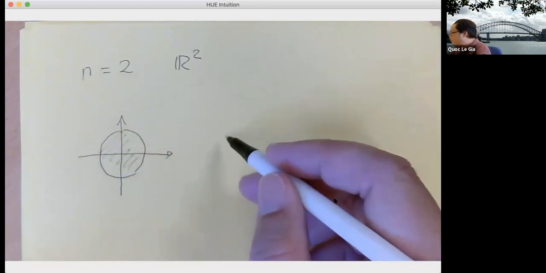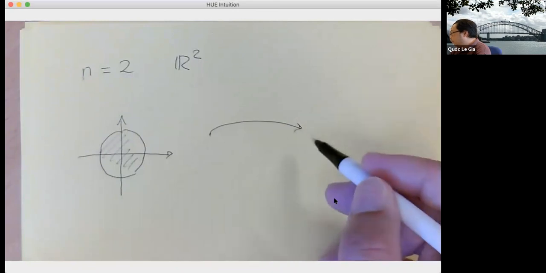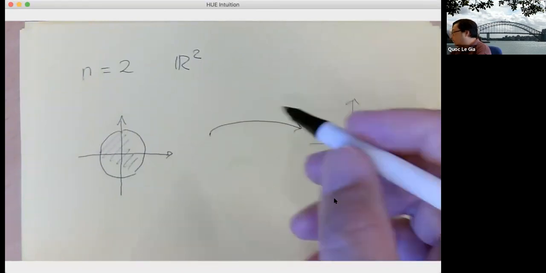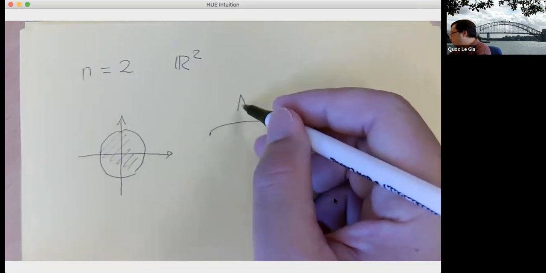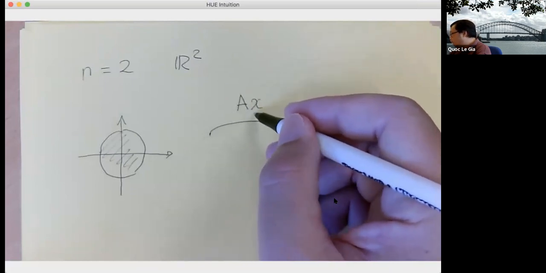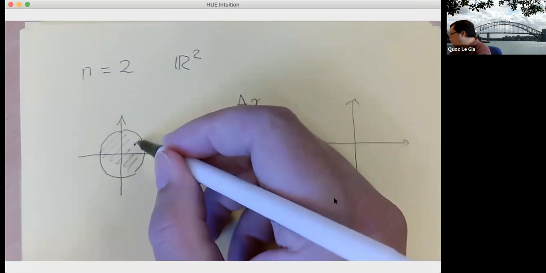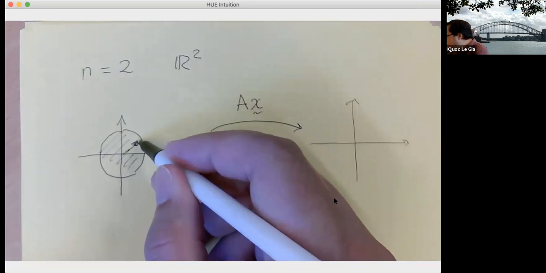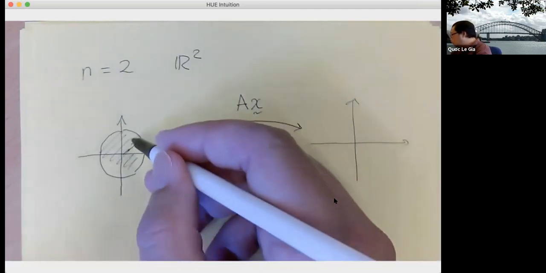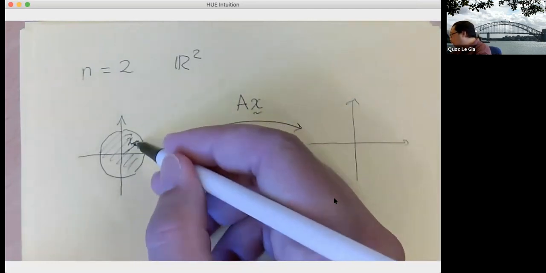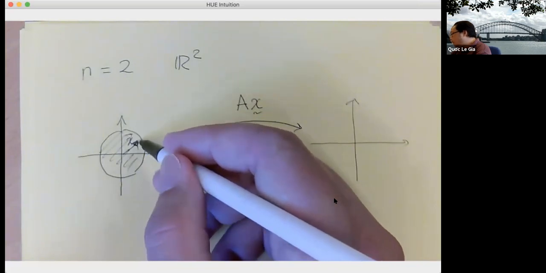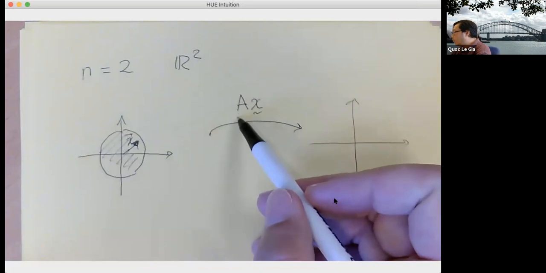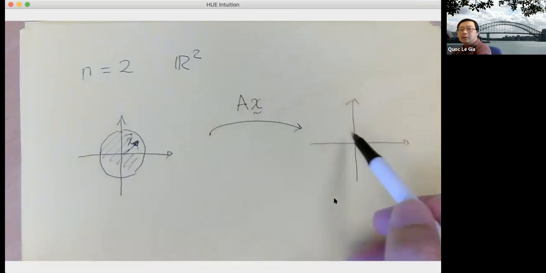And then I map the unit circle into an image. Okay, so the map is A multiplied by X. So X comes from here. The vector X comes from inside the circle. So this is my vector X. Okay, so I take all the vectors X inside the unit circle and apply the linear transformation AX. Then what do I get?